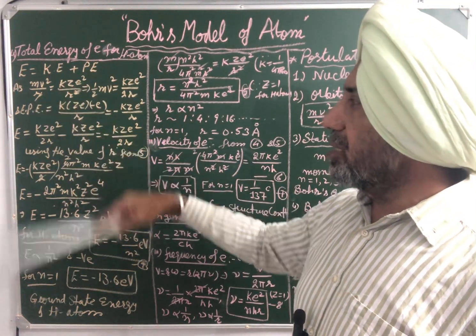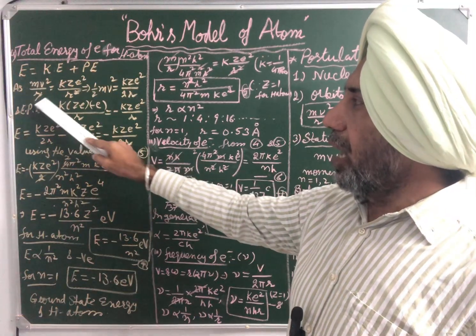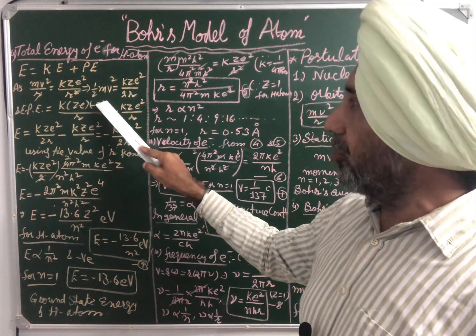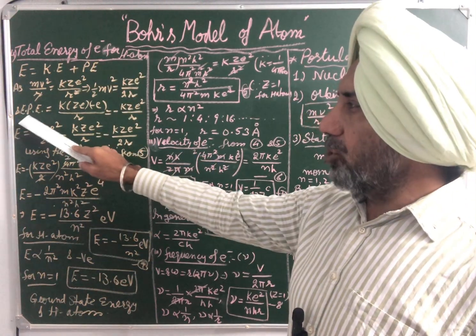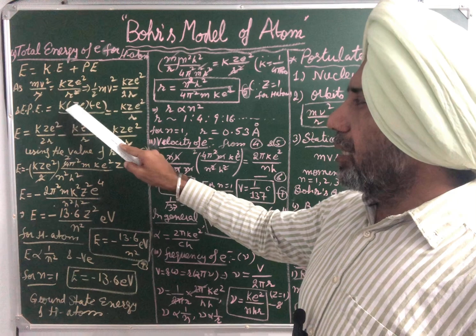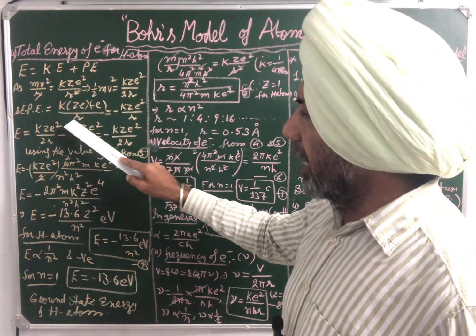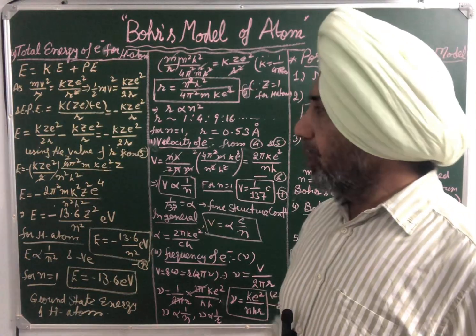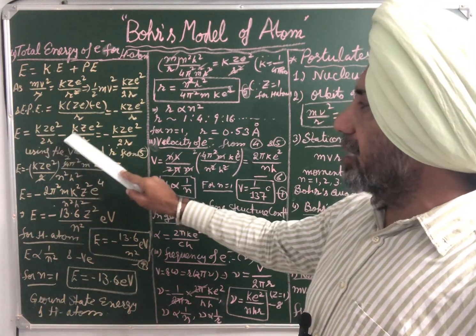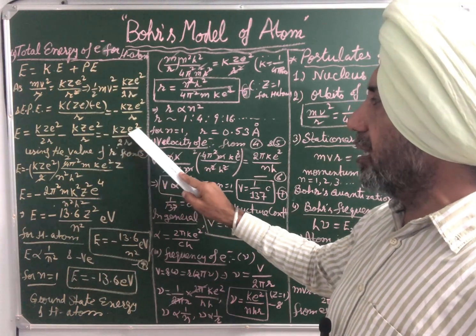So r cancels. From here we find the kinetic energy, half m v square, of one electron, which will be k z e square upon 2r. Then the electrostatic potential energy is k z e into minus e over r, so minus k z e square upon r. Total energy will be equal to k z e square upon 2r minus k z e square upon r. Simplified, it is minus k z e square upon 2r.